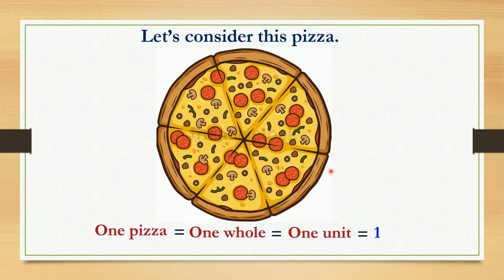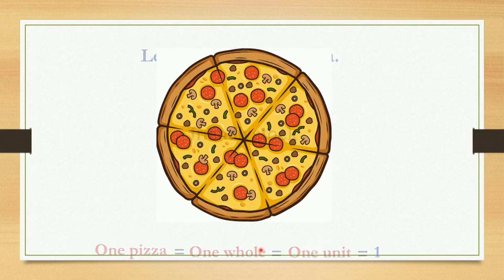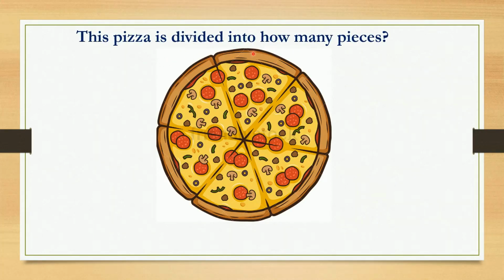Now let's continue and see how we are going to use this new information. This pizza is divided into how many pieces? So here, this one whole, this one unit, is divided into how many pieces, how many parts, and how are the pieces? Let's see.